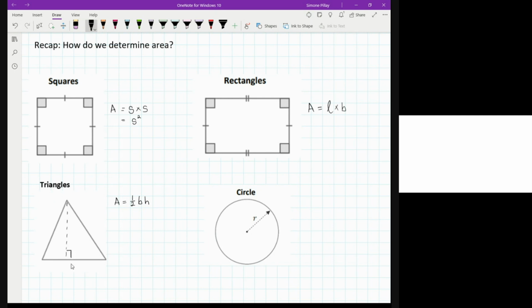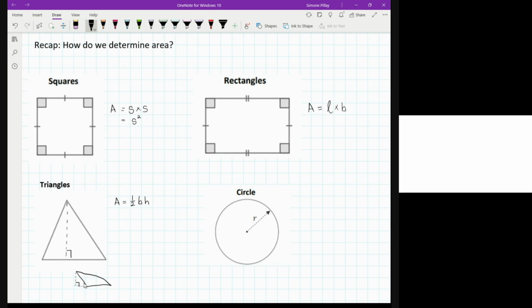And that line must create a right angle in between the height line and the base. So if you have a triangle that looks something like this, and you're trying to calculate the height, remember all you have to do is extend your base and you can then draw your perpendicular height line.